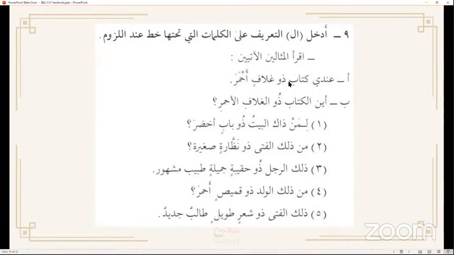Kitabun is what? Man'ut, and zu is na't. It is further describing what kind of book. Zu ghilafin, and zu comes as mudaf also. Zu ghilafin ahmara, and this is again what? Mudaf ilayh combination. Is it clear, brothers and sisters?